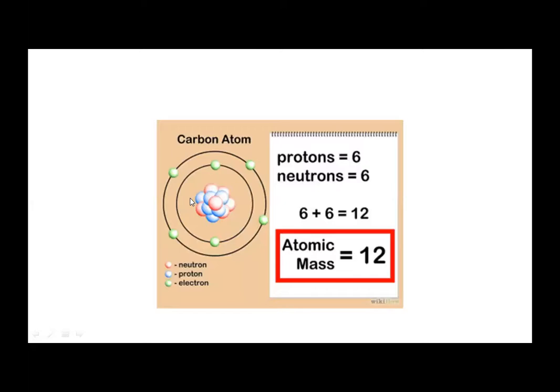Look at this diagram. In the carbon atom, there are 6 protons present, so its atomic number is 6, and 6 neutrons are present. The sum of protons and neutrons is called atomic mass.